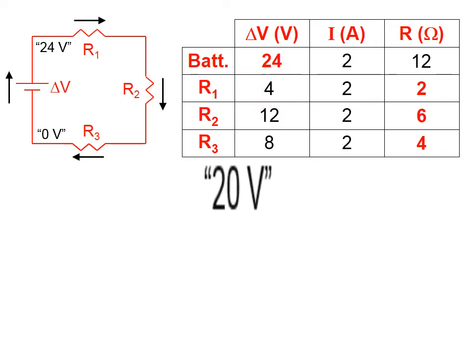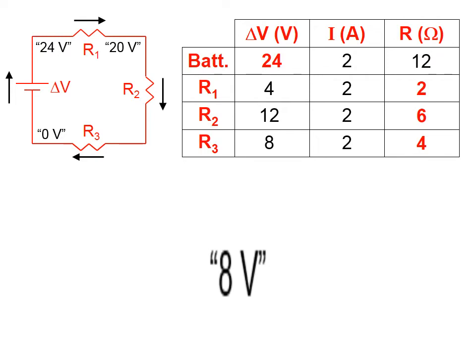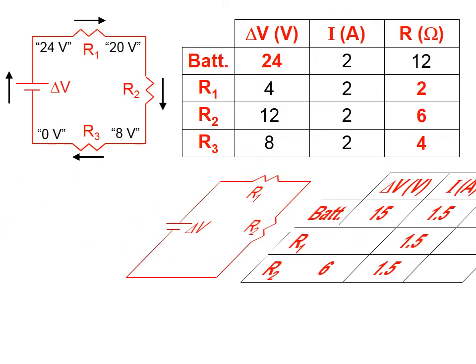So if it's 24 volts on the left side of resistor 1, then on the right side of resistor 1, the wire must be at 20 volts. For resistor 2, the voltage difference is 12 volts. So if it's 20 volts up top, it must be 8 volts on the bottom. And you can see in the table that resistor 3 has an 8 volt difference across it.